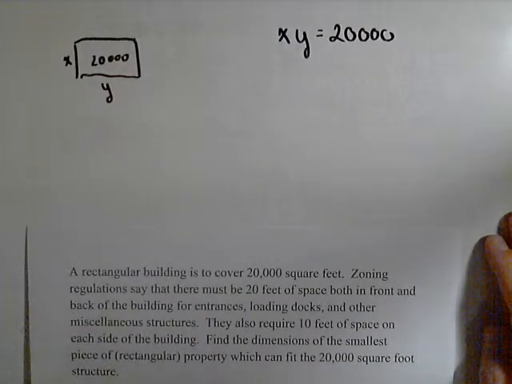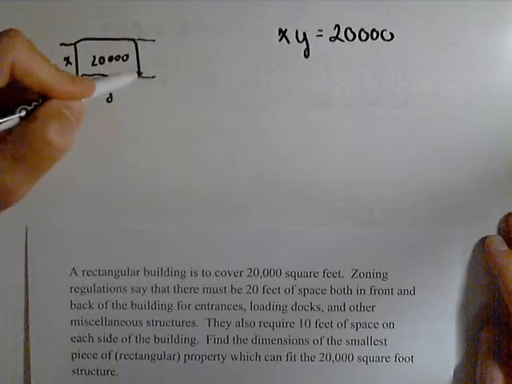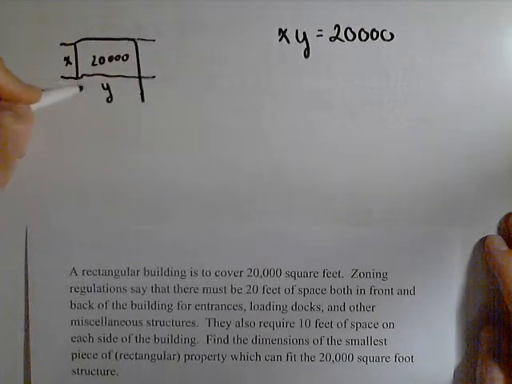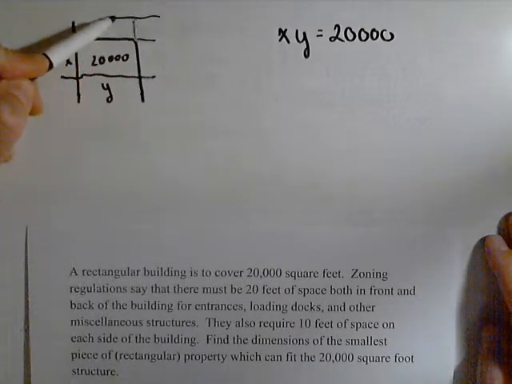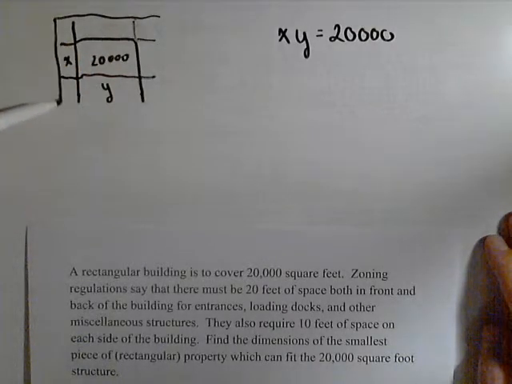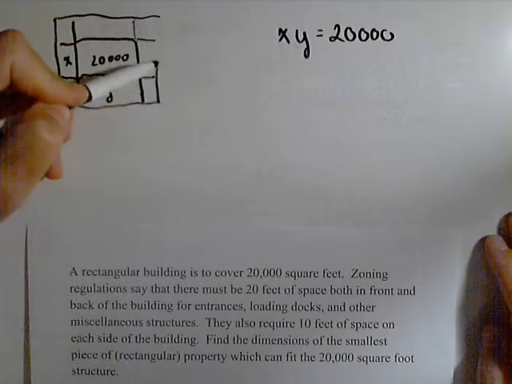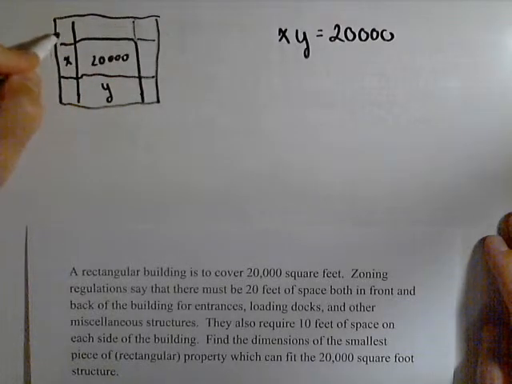Now we need our objective function, the one we're trying to minimize in this case. And so what we'll do is we need to add on those zoning restrictions. So let's say these are the sides. Those need to have an extra 10 feet that way and an extra 20 feet this way. And then we have this new larger rectangle, which is the one we're trying to minimize the dimensions of. So remember that these each had to be 20.